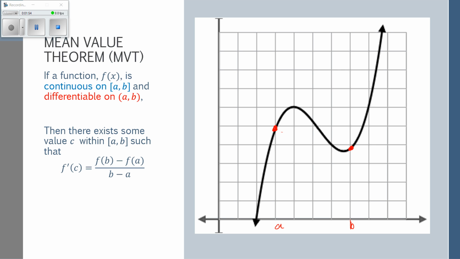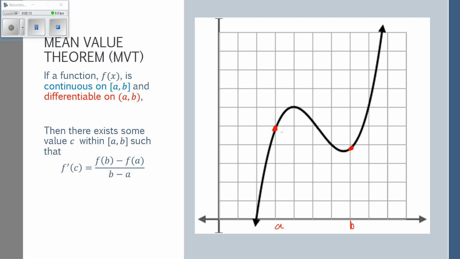The conclusion says that when I have those conditions, there has to be some place in between A and B, inclusive of A and B, such that f prime of c is equal to f of b minus f of a over b minus a. I will admit, I don't remember it in terms of this. I think of this in terms of slope.